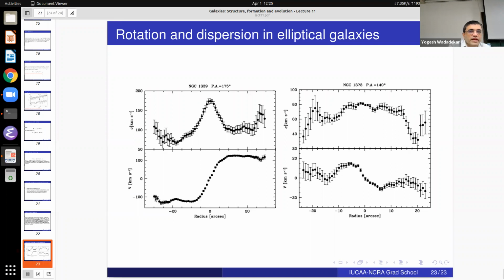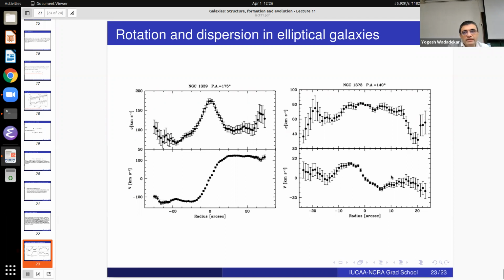This one goes from about -100 to about +100 kilometers per second. Okay, it's almost rotating like a spiral galaxy. The Milky Way will go from -200 something to +200. So this is clearly an elliptical galaxy which has a rotating disk.